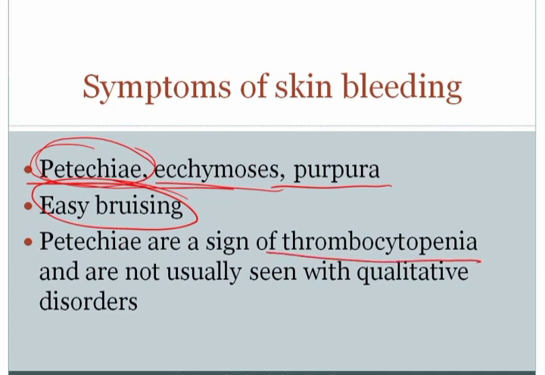Now, what I mean by that is, remember, when we talked about the disorders that could arise, we said there can be a quantitative disorder of platelets or a qualitative disorder of platelets. Well, patients who have qualitative disorders of platelets normally don't get petechiae. However, patients who have quantitative disorders, where the number is down, get petechiae. And so that's just a little side note to be aware of.